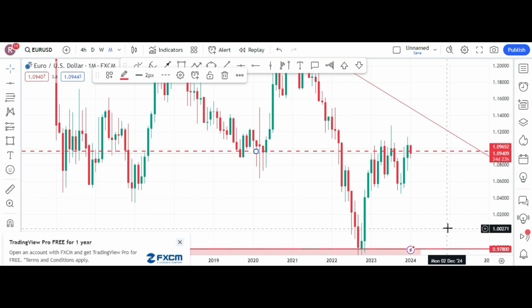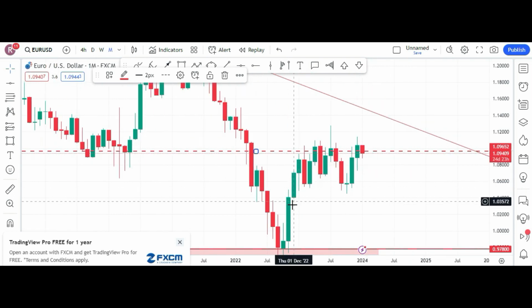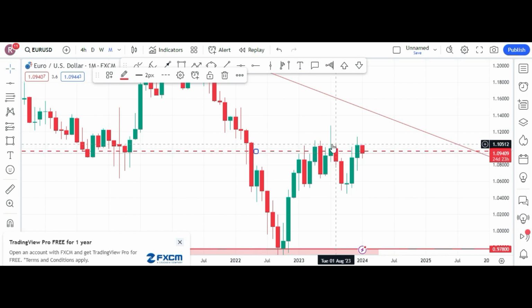Now we can see that it came up here, created a double bottom, double top here, came down, created a double top here in monthly. Can you guys see? And again it pushed the price back, but this red candle is for just the January first week, so we cannot consider it as a double top in the month.